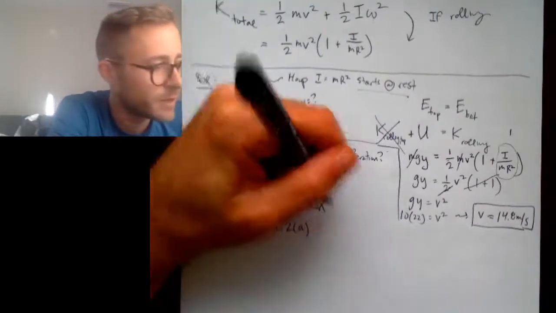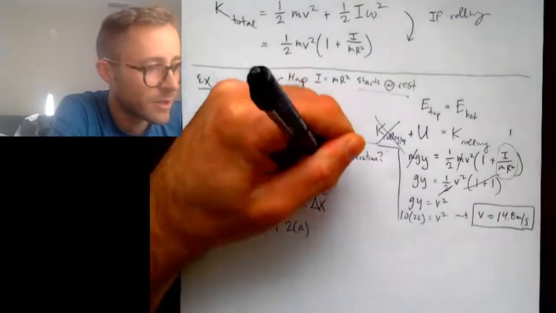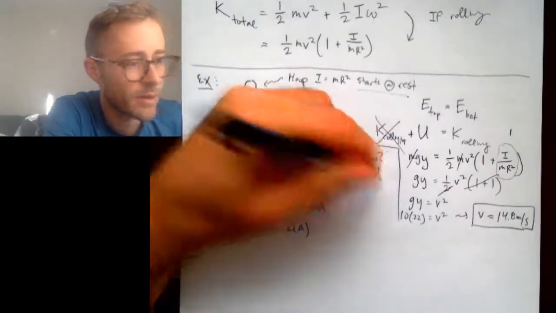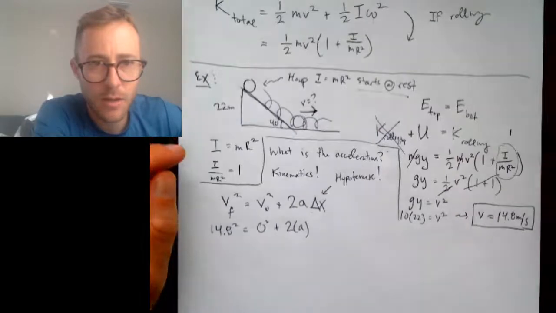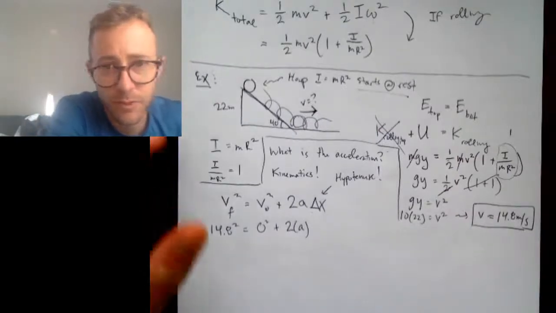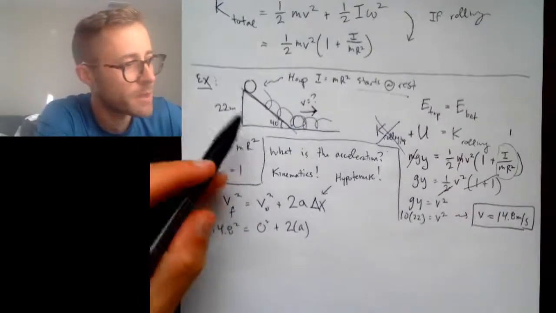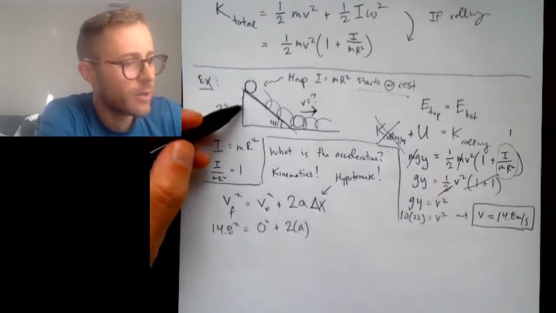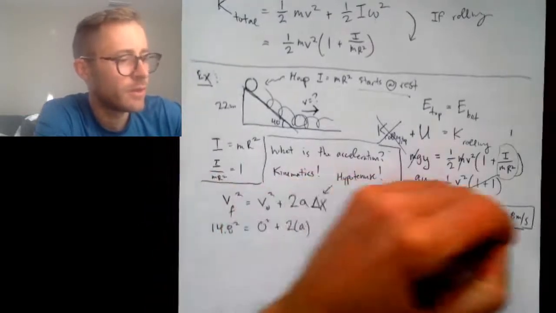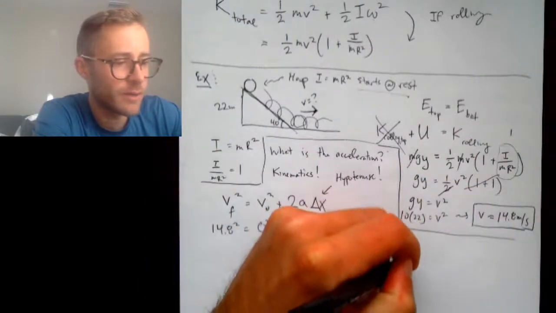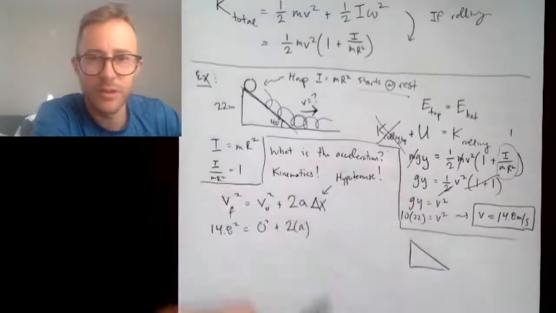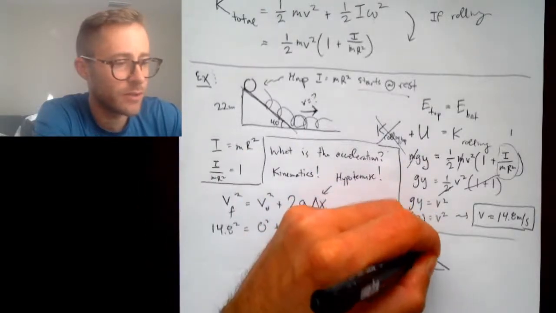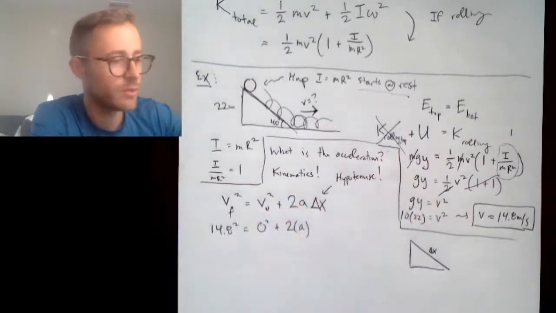So this is the hypotenuse of the triangle. I know that I have a triangle right here, and so this is the hypotenuse. I'm going to call it delta x because that's how far it rolled.